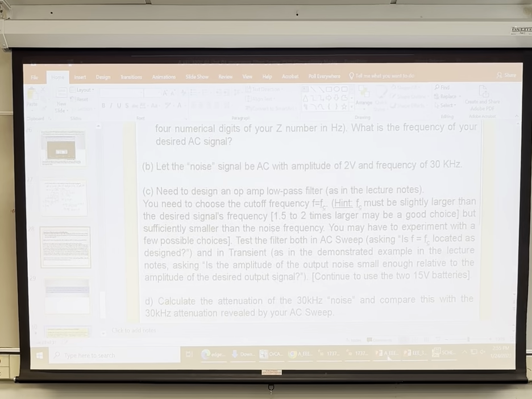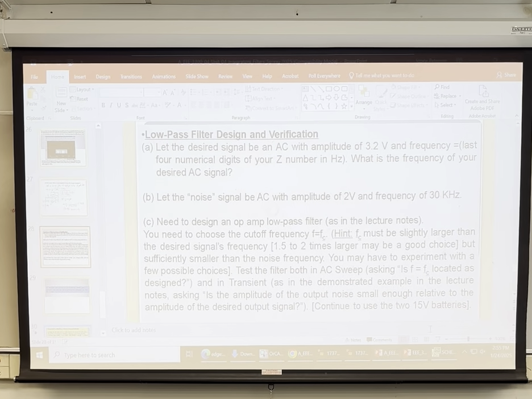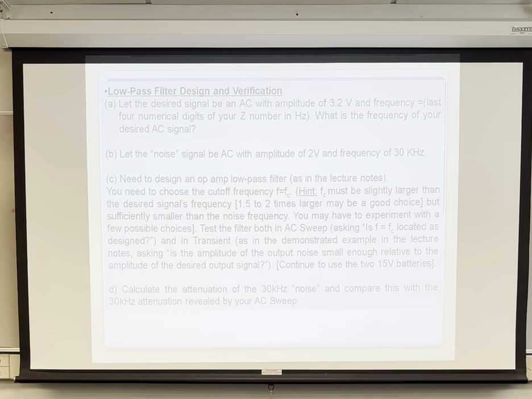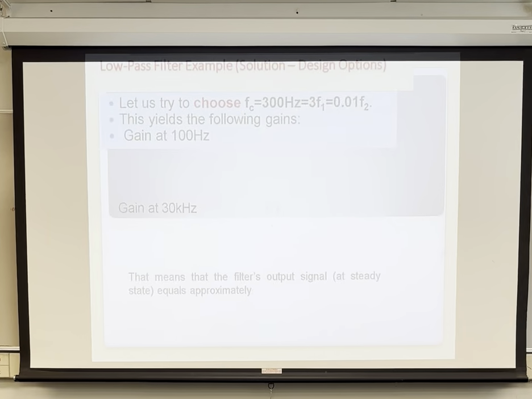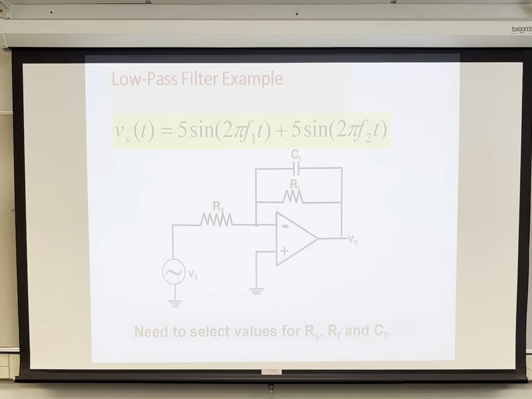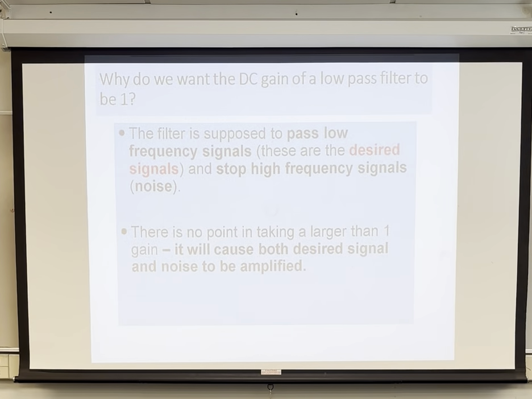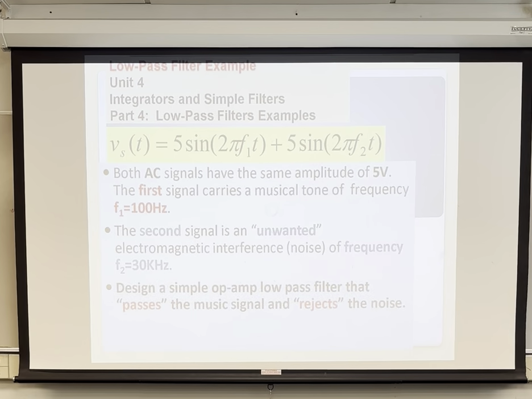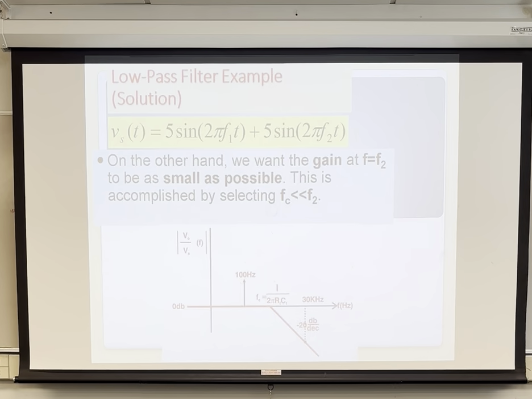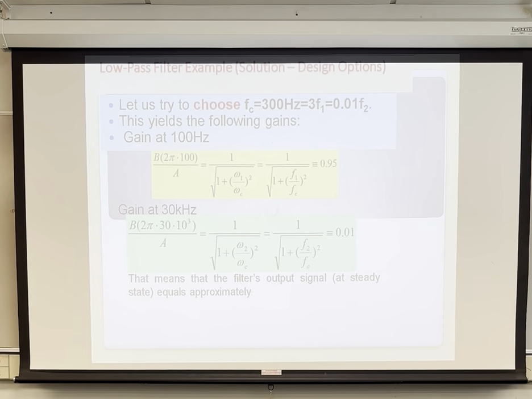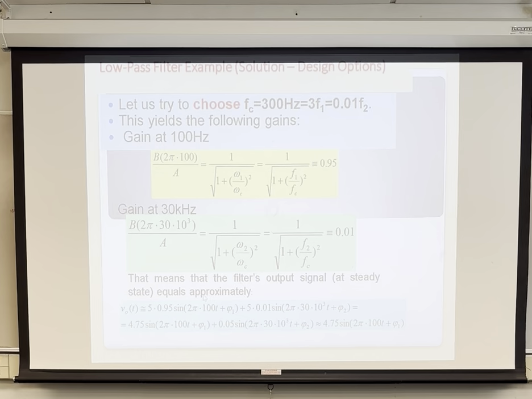And an example that we went over here: this was the calculation for this filter, and it was that when you get to 30 kilohertz, it's going to be minus 40 dB difference. So this is the second part of the homework assignment.